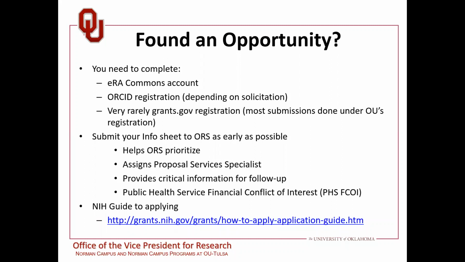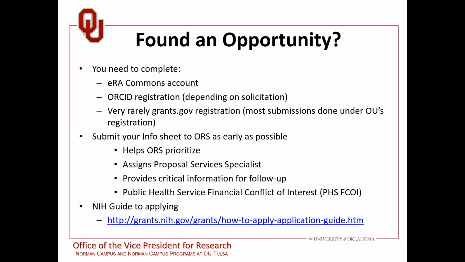But more and more, you're going to see the requirement for the ORCID registration, and it may depend on the solicitation whether or not you see it. So I would recommend that if you don't already have an account set up, that you go ahead and start going through that process. The Center for Faculty Excellence has some information related to that they can provide to help you get started on that process if you haven't started one yet.